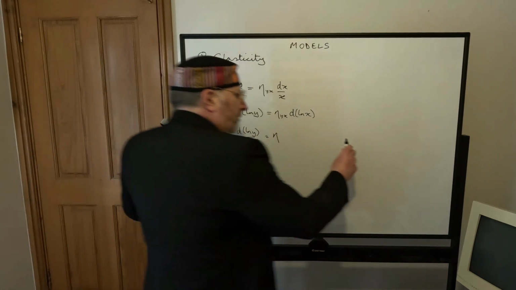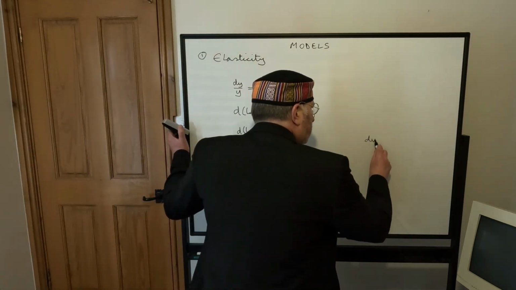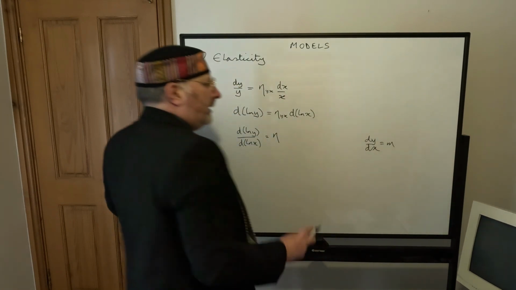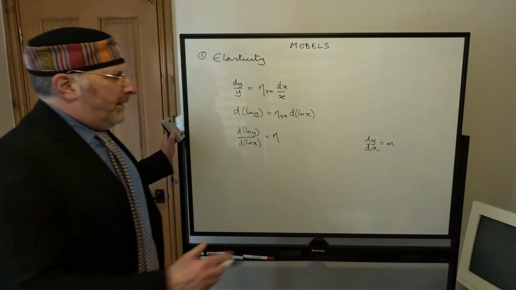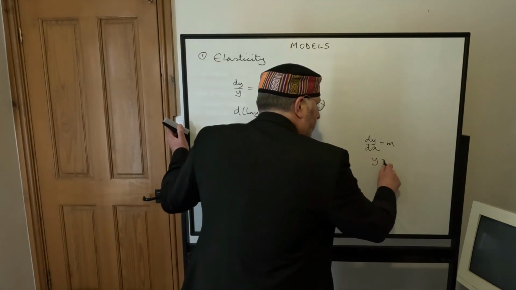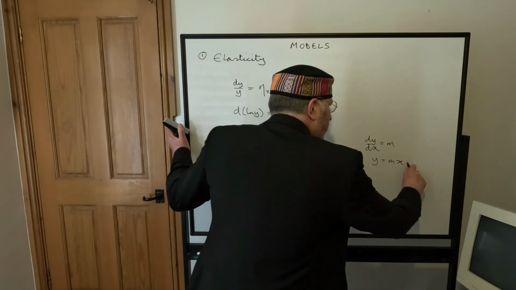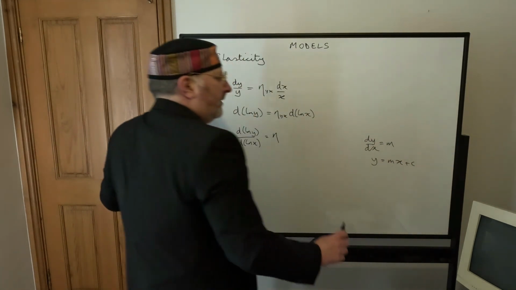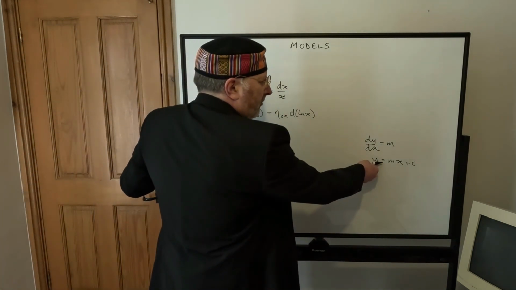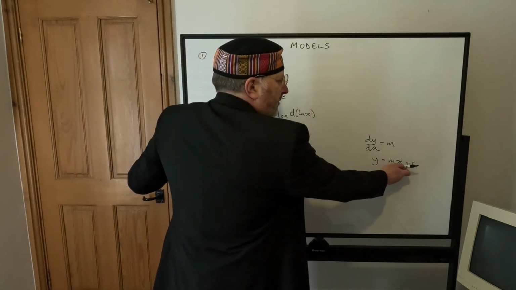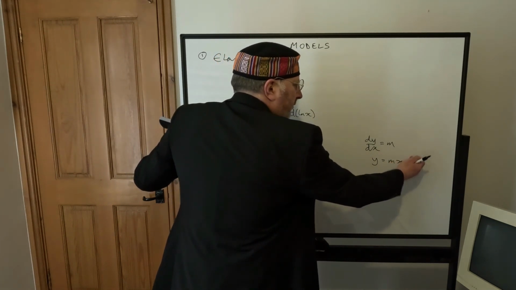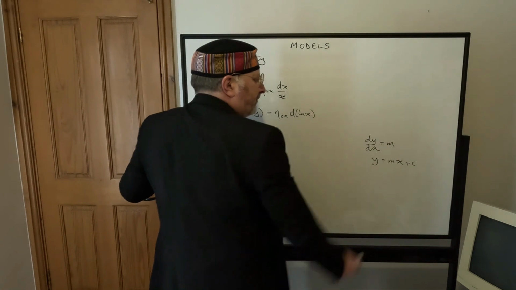Well, we should recall that if we have something like dy by dx equals m, then that tells us that there's a linear relationship between them. The general formula for that is y equals mx plus c, because if we differentiate this with respect to x, m times x just becomes m, and the constant disappears, so we get m.